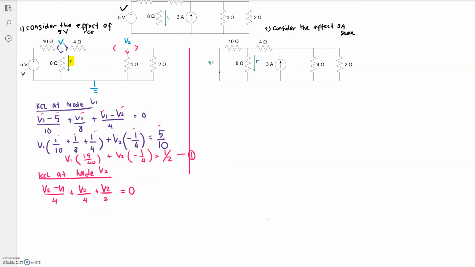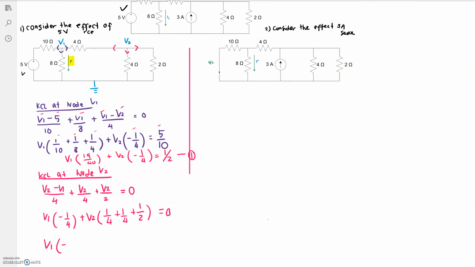And then for the second equation: V1 times minus 1 over 4 plus V2, grouping the terms, plus 1 over 2, which should equal 0.